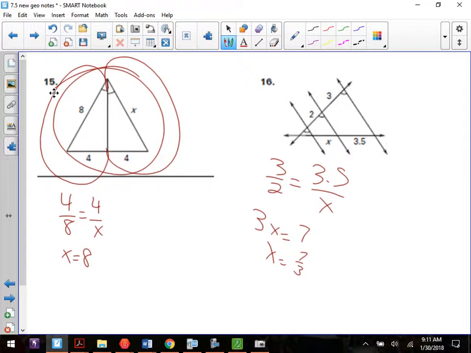And there's an example of when you're going to get a crappy decimal. It's okay. I would leave it as a fraction because as we go into more complex stuff, improper fractions, which is what this is, are going to be the norm.